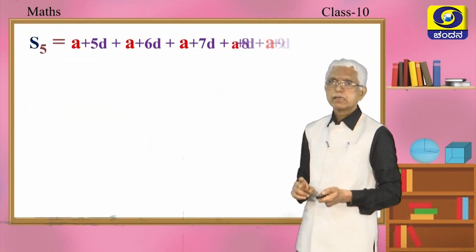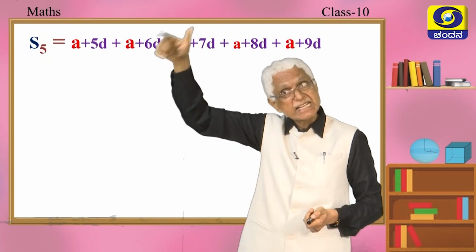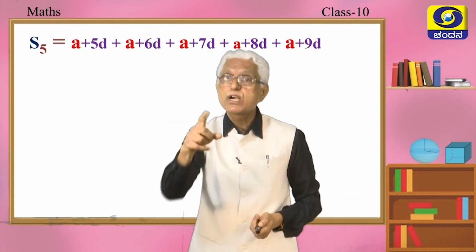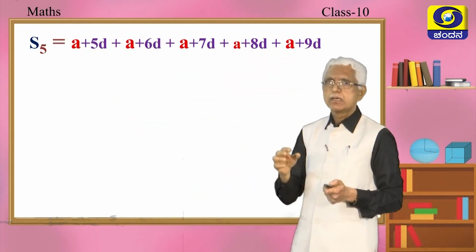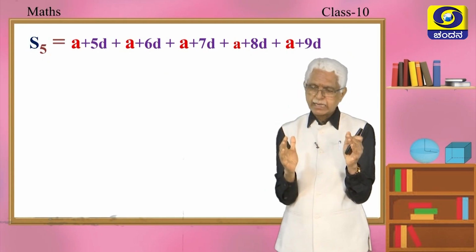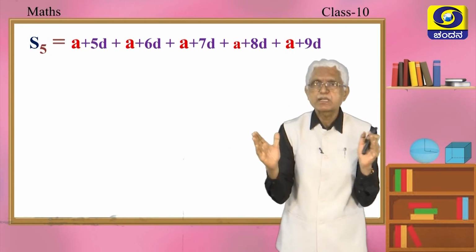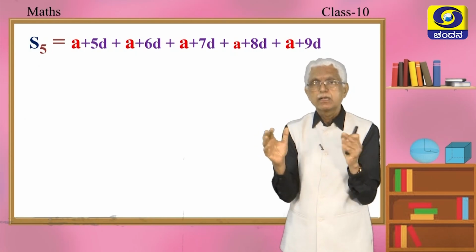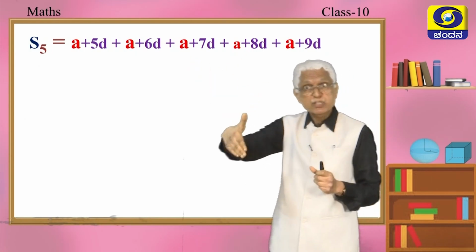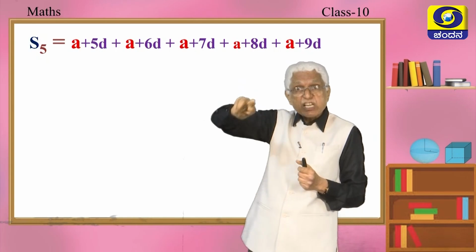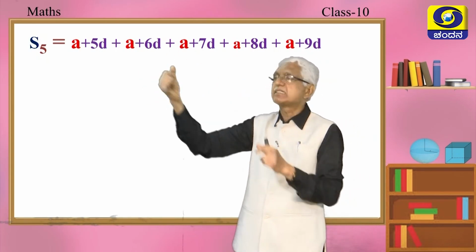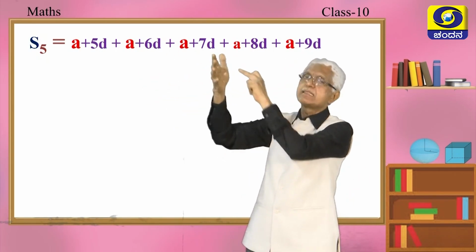Next, children, they gave you that the sum of the next 5 terms is 125, sum of next 5 terms. First 5 terms, A plus D, A plus 2D, A plus 3D, correct? Next, and A plus 4D. Next means 6th, 7th, 8th, 9th, 10th terms, correct?